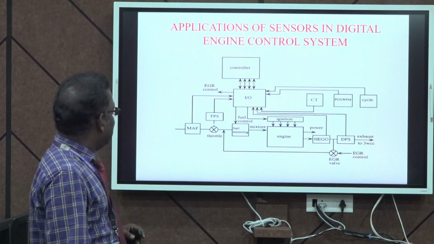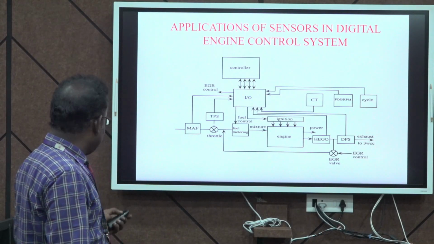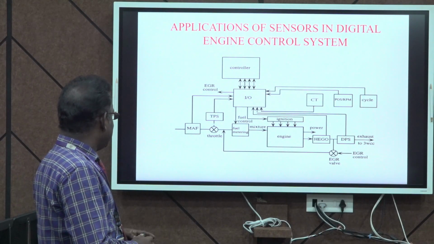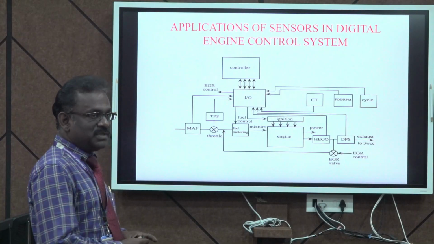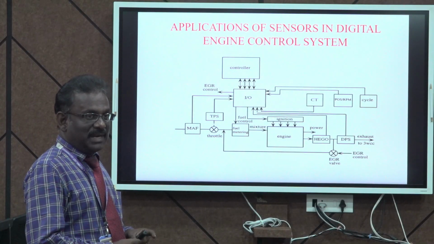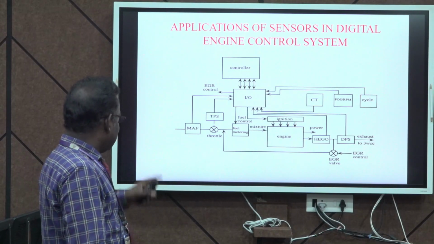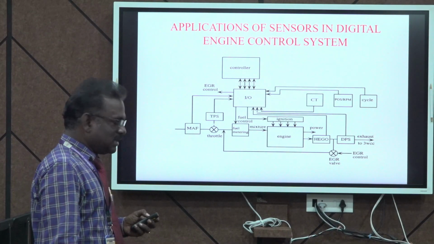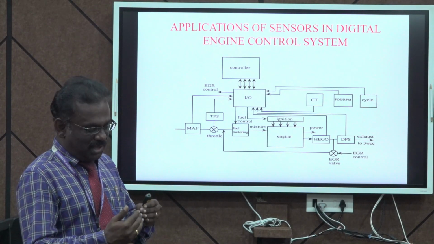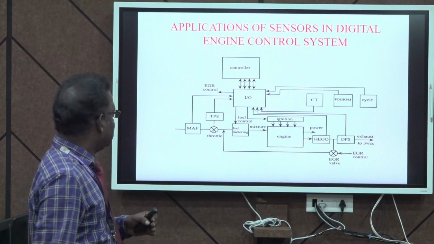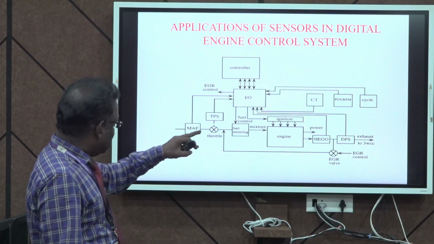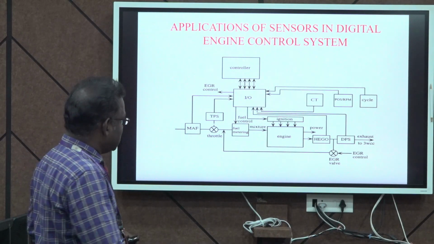Here various sensors are used. The first one is the MAF sensor. It is the mass airflow rate sensor, which is used to provide a direct measurement of the amount of air entering the cylinder. The next one is the throttle position sensor. It will give the amount of opening of the throttle plate. And the third one is the differential pressure sensor, DPS sensor.